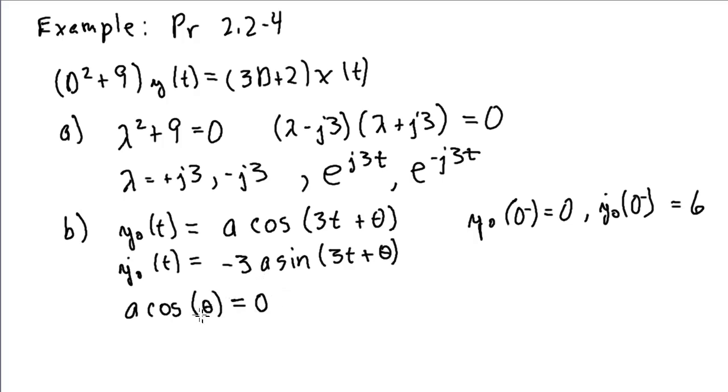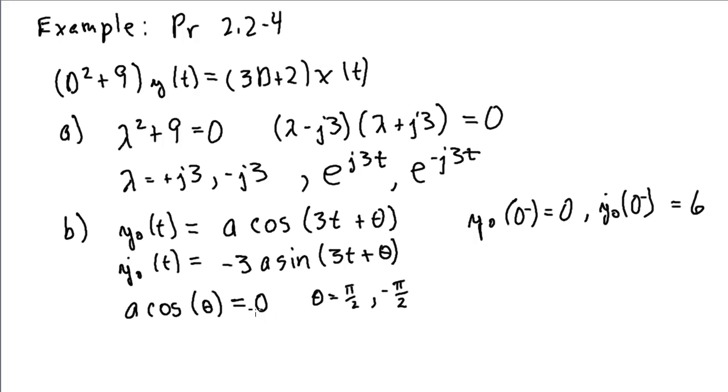Of course, I can't plug in A equal to 0 because that would give me no solution. So I'm interested in the values of theta at which cosine of theta is equal to 0. That's going to be at theta equal pi over 2 or minus pi over 2. And then other 2 pi shifted versions of theta, which actually would just give me the same form of the solution.